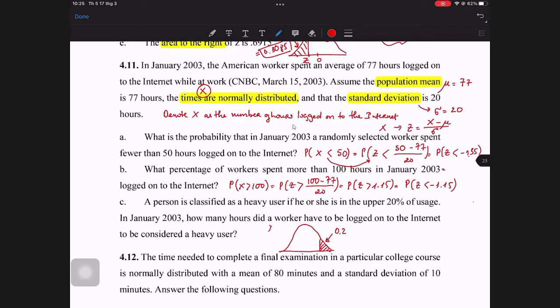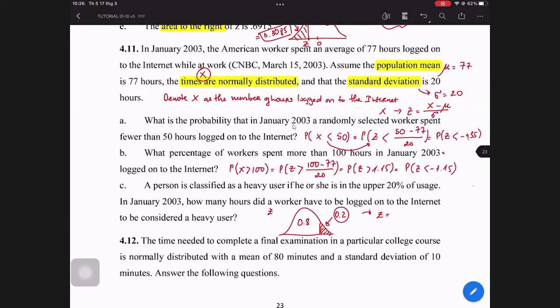Now, if this is a Z distribution and the area to the right is 0.2, we can easily find that the area to the left is 0.8. So we can find the value of z, given that the area to the left of z is 0.8. We can just look up the table here.